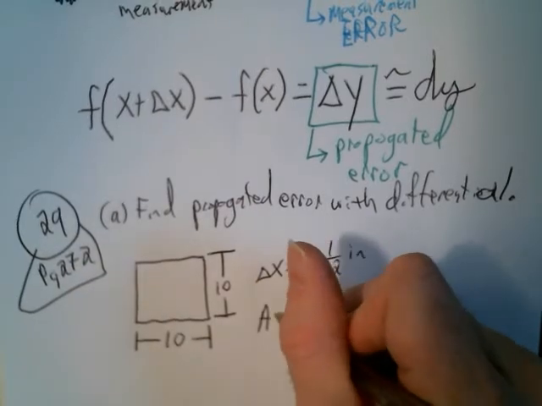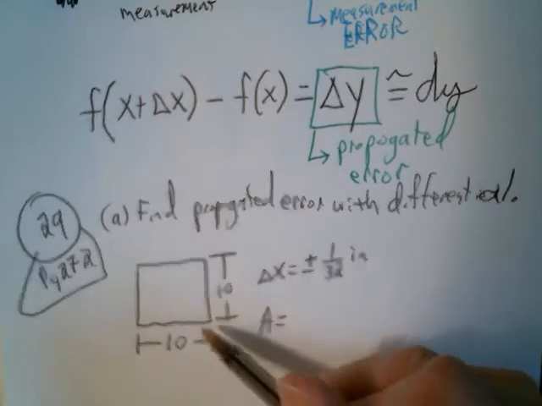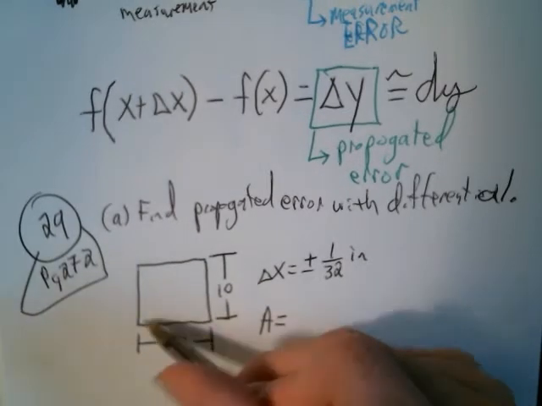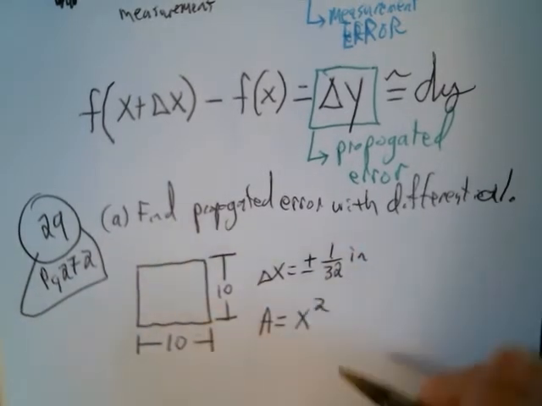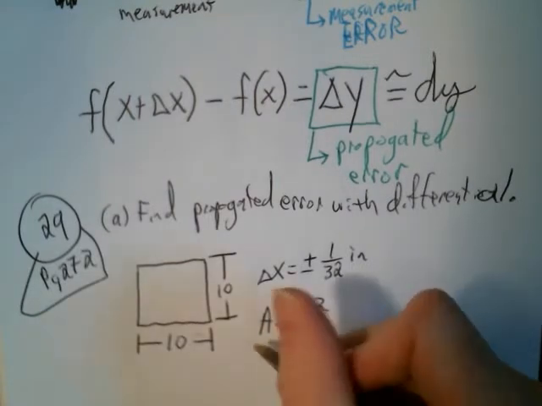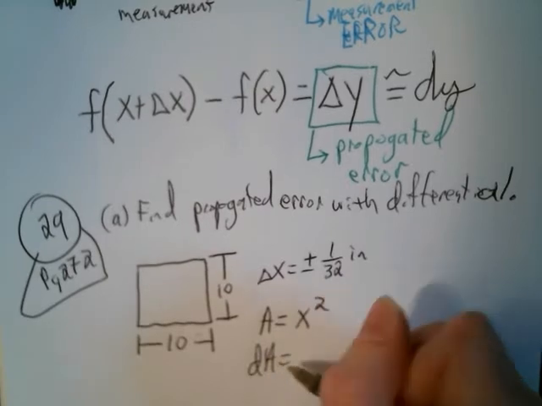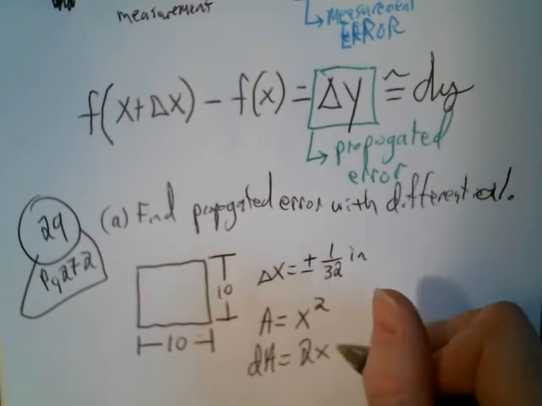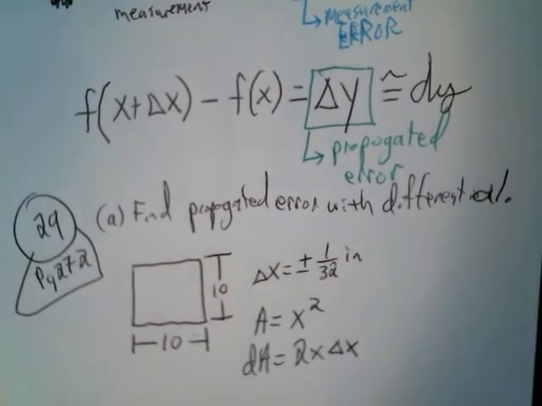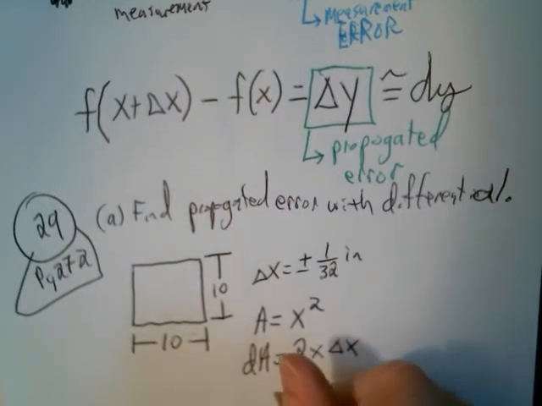So the area of a square is just going to be the sides multiplied by each other. So x squared. Let's go ahead and get the differential. So dA is equal to 2x dx, or delta x in this case. The x value is 10. Okay.